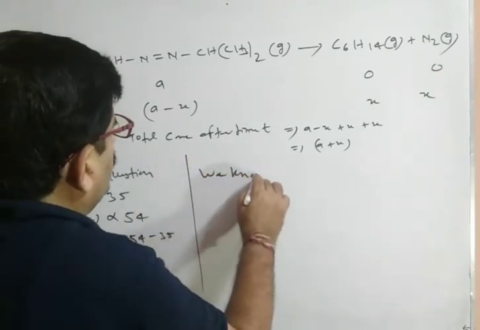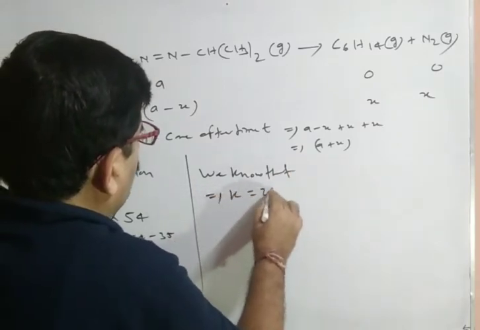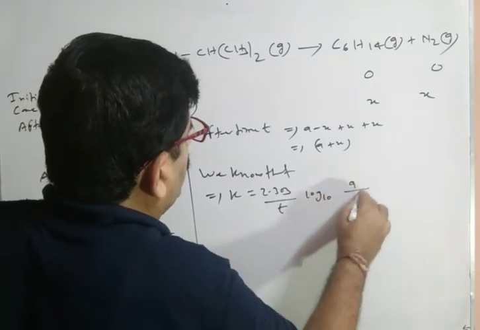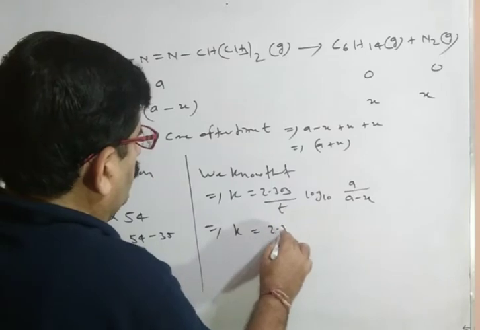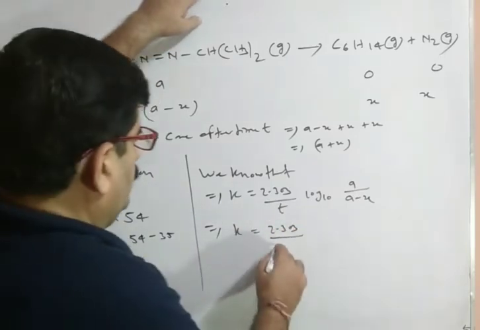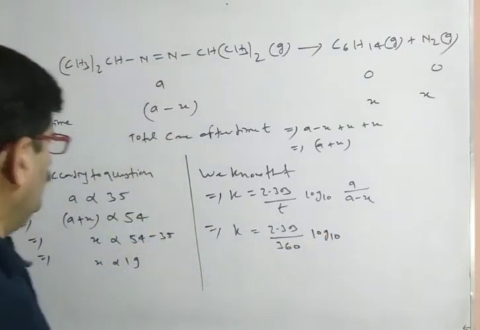We know that k is equal to 2.303 by t log base 10 a by a minus x. k is equal to 2.303 by t; if we consider t as 360, log base 10.